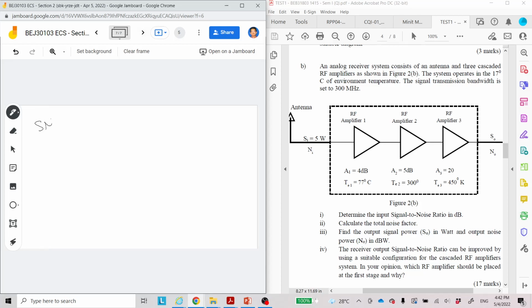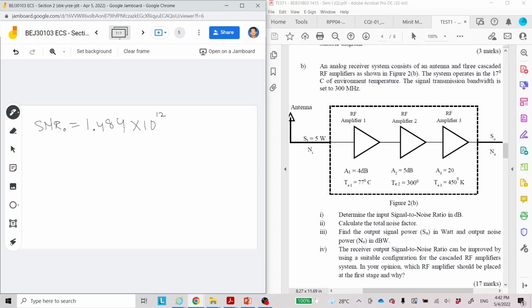So SNRO, we already found, is equal to 1.484 times 10 power of 12, and we already know the SO. We already found the SO.